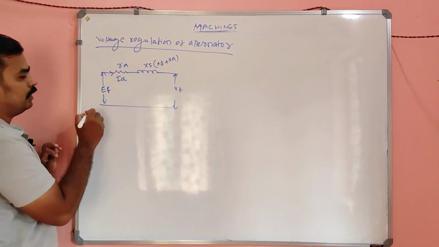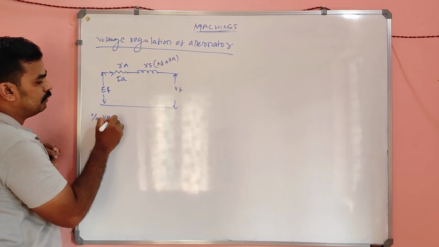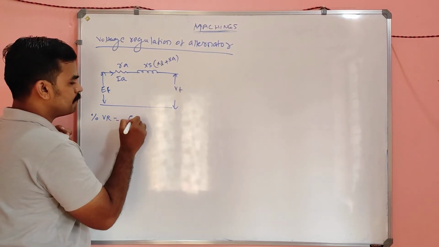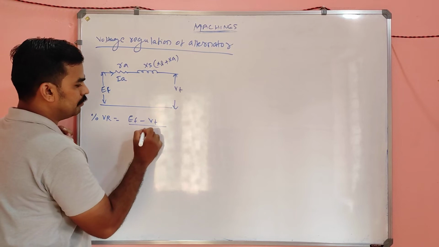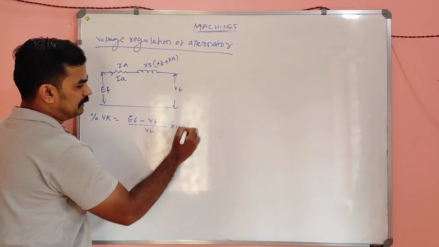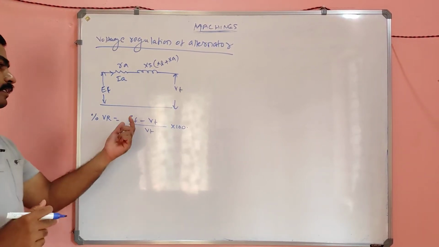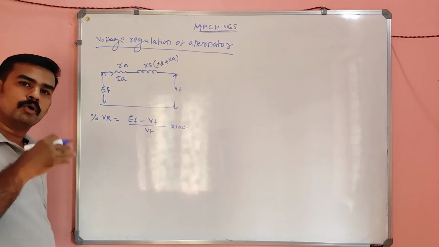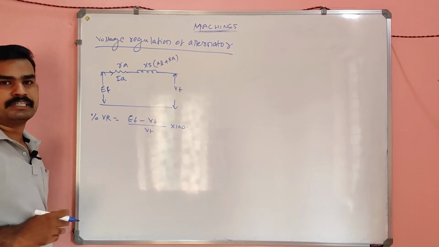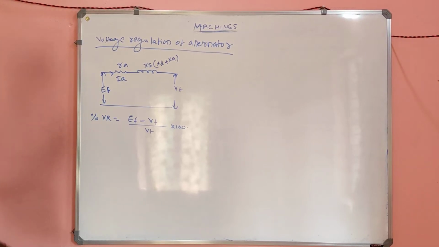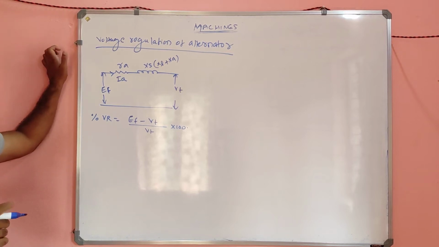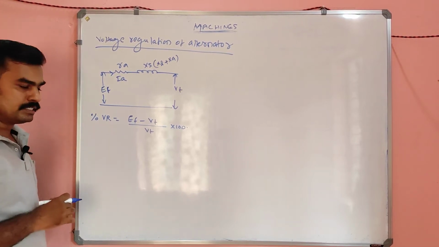So the percentage voltage regulation will be equal to EF minus VT divided by VT into 100. That is the change in terminal voltage from no load to loaded condition, divided by the loaded voltage. Is it clear? That is the percentage regulation.